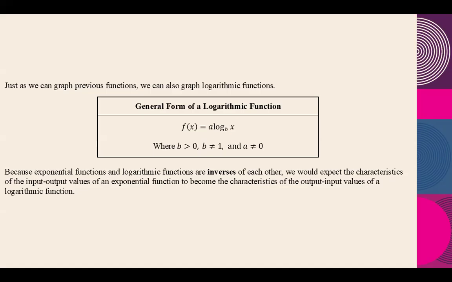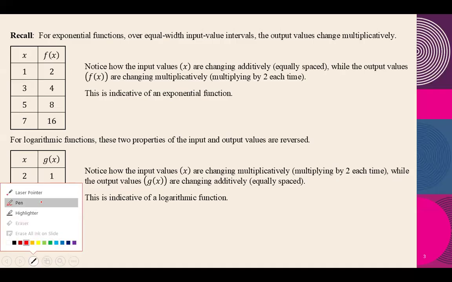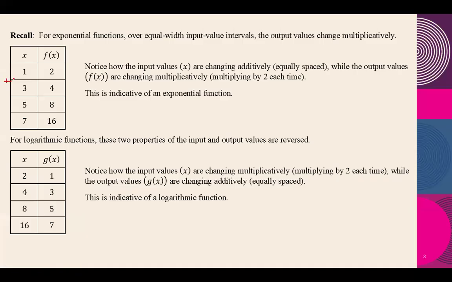Their properties are opposites. So when we look here at this, we know that it's an exponential function because of equal width input, meaning that my input is equally spaced. Notice I'm going from here to here, plus 2, plus 2, plus 2, plus 2, plus 2.